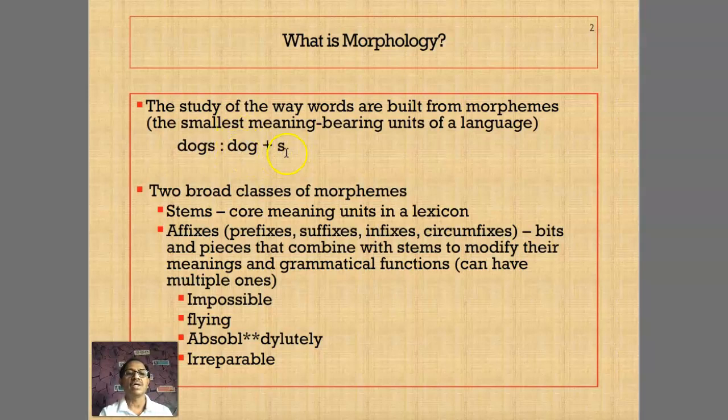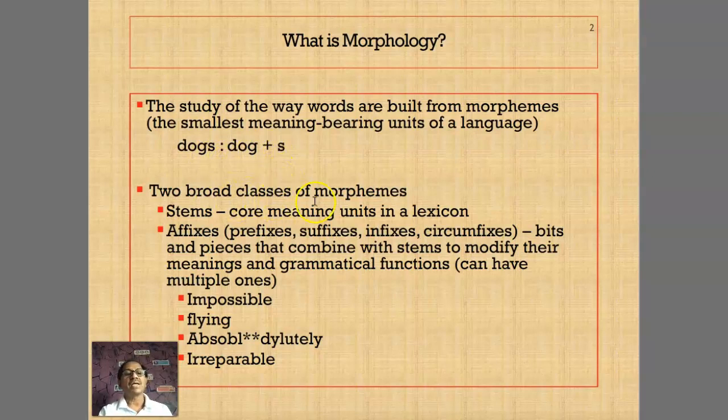One is dog, another is the plural morpheme s. S is a plural morpheme because it has the meaning of plurality. So, if you take the word like just a dog, it is one single morpheme. So, the word dogs has 2 morphemes, dog and s.